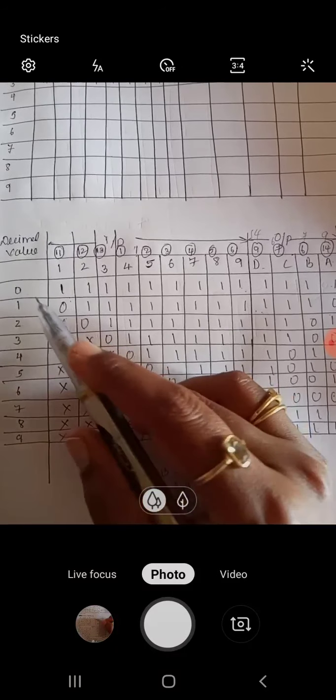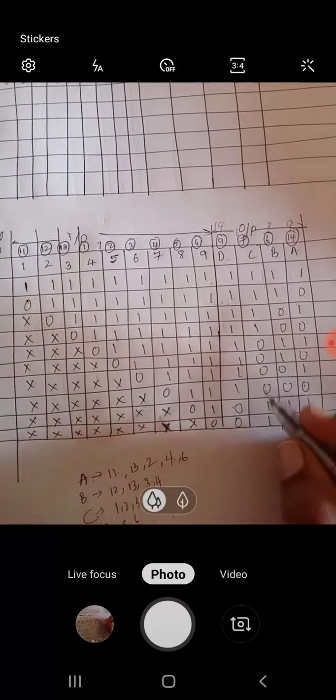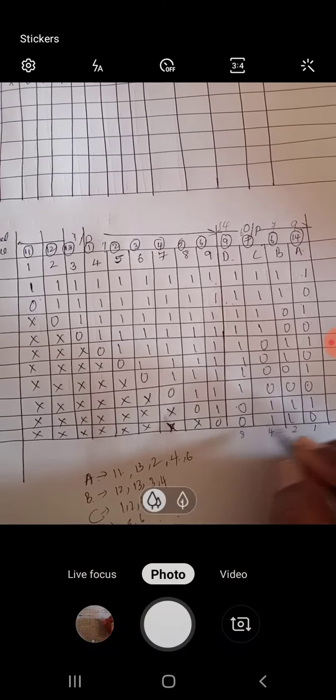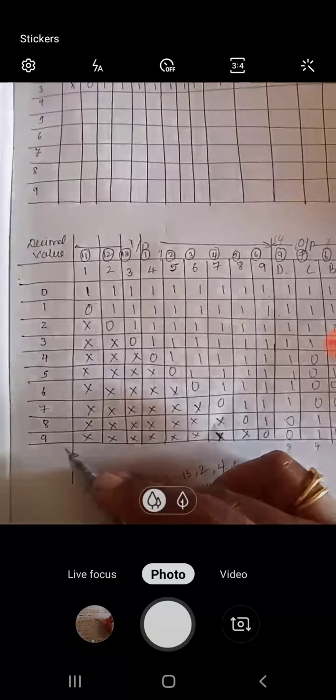Okay, so the corresponding value of 0 gives you the corresponding value of the decimal input. For example, see here, this is 8, and this is how much? 1, 2, 4 and 8. So what is the value? 8 plus 1, so this value corresponds to 9.